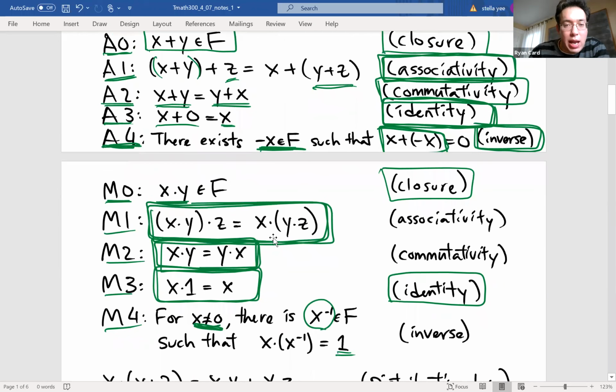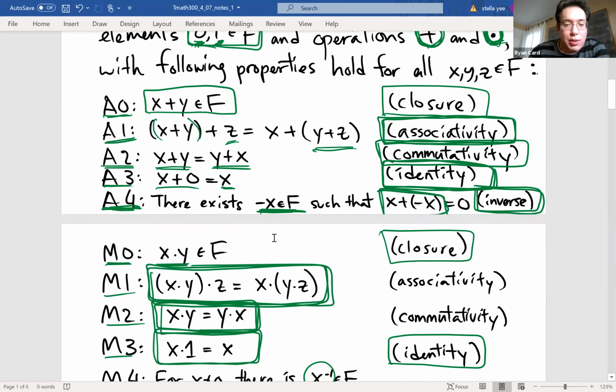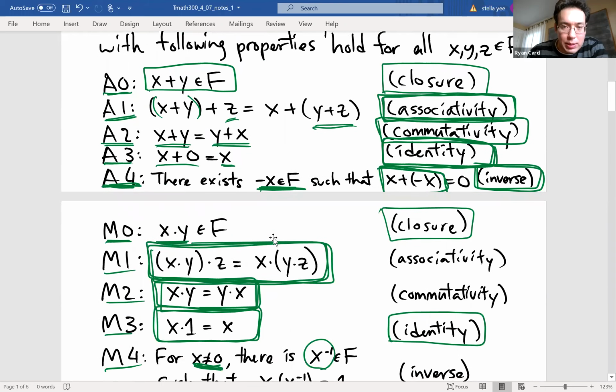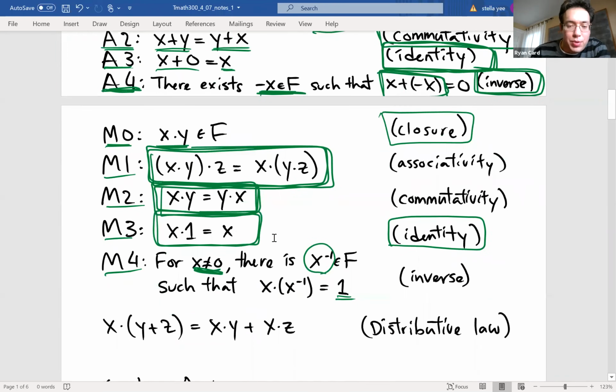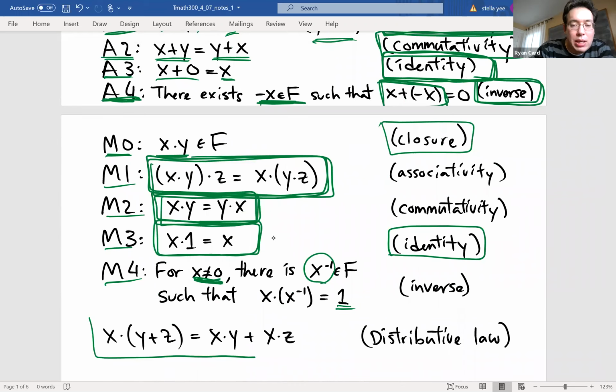So there's 10 axioms so far, 5 for addition, 5 for multiplication, and they're very similar. And then there's one extra ingredient to make this a field, so these two operations interact the way we want, and that is what's called the distributive law. So this is how you can mix the operations. If you have an x and you're multiplying it into y plus z, then that is the same as what you get if you distribute the x to each of those elements.